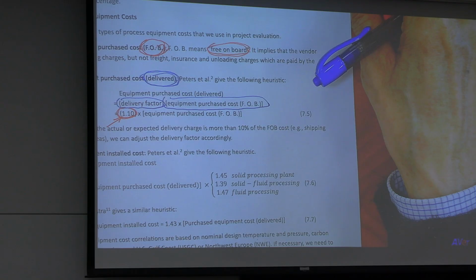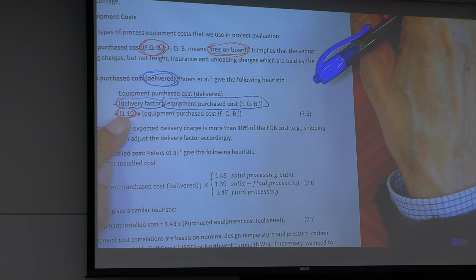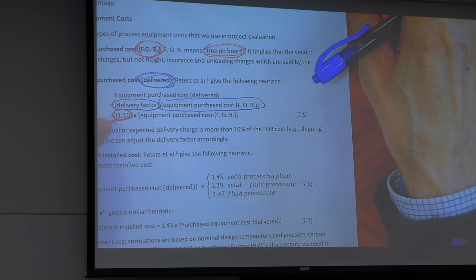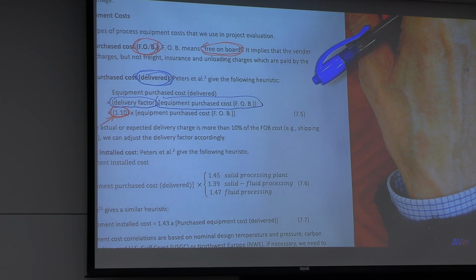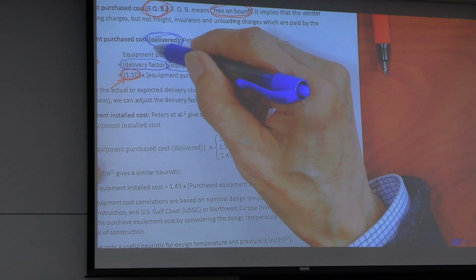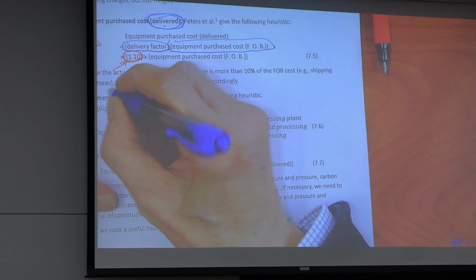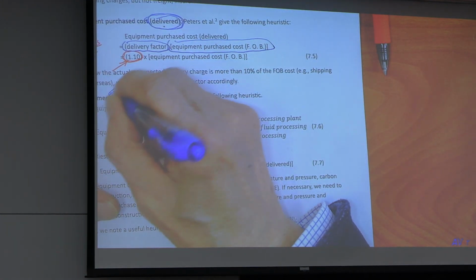If your equipment is shipping from Canada, you say 20% more. You just change this to 1.20. Be flexible. Heuristic is 1.10. Okay? So, FOB delivered. The last one, install cost.